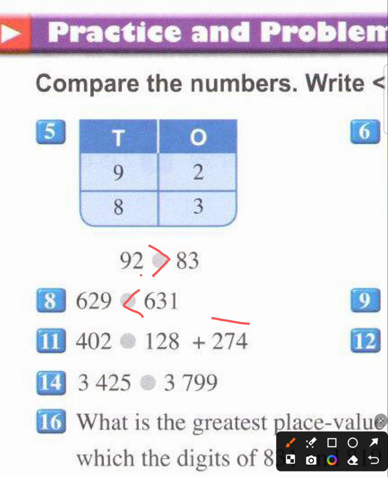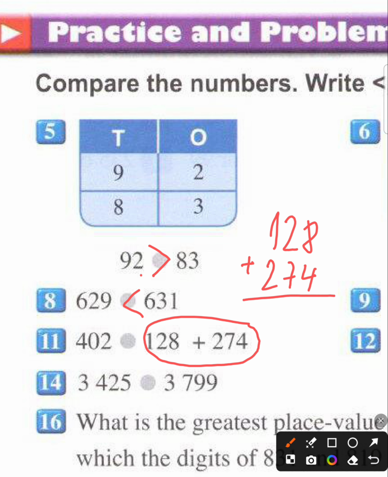We must at first calculate this. 128 plus 274. 8 plus 4 is 12. 1 stays. 2 plus 7 plus 1 is 10. 1 stays. 1 plus 2 plus 2 is 5, plus 1 is 4. And you see that they are the same, equal. They are equal.